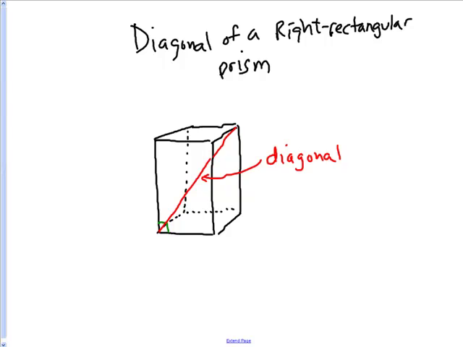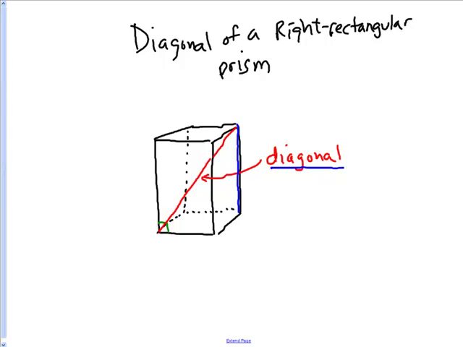Now if we look at this diagonal, we see that between the length of the diagonal and this side here, which I'm now going to color in blue, I have two sides of a triangle, don't I?